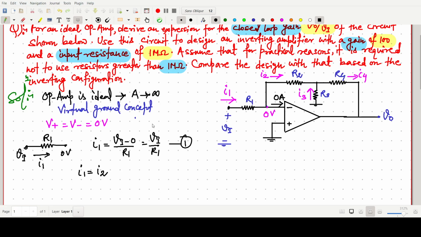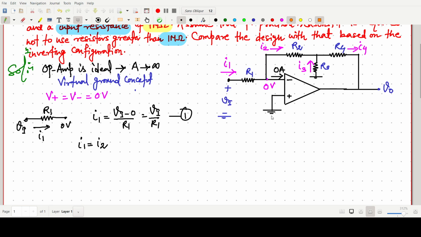Now we have to think about the resistor R2. This voltage is 0 volt, and this voltage I am calling Vx, assuming this potential is Vx volt.